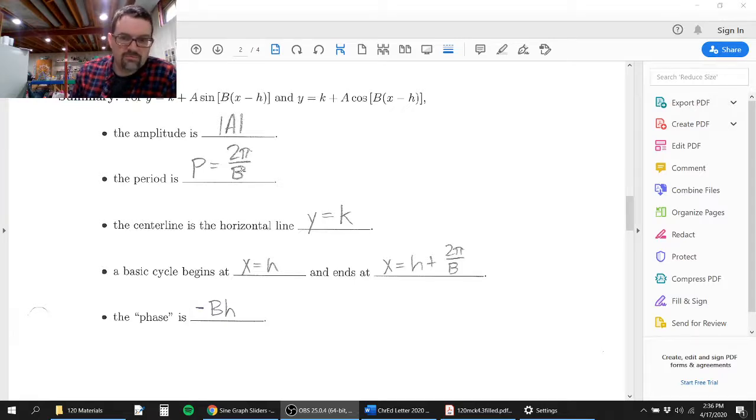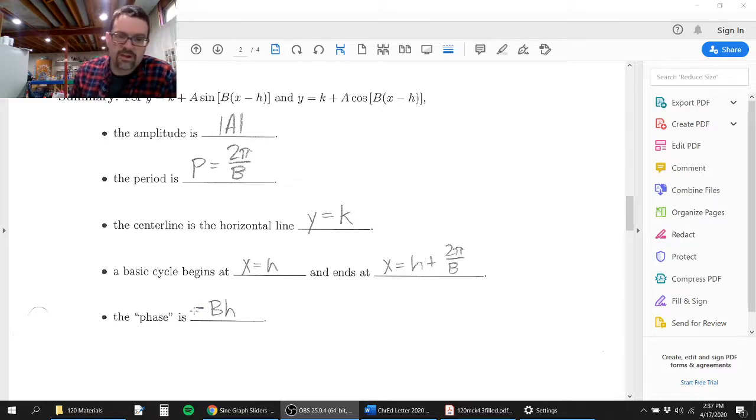Period, 2 pi divided by B. Center line at y equals k. Our one cycle that we're graphing starts at x equals h and ends at x equals h plus the period. So this is 2 pi over b because this is 2 pi over b. So this, whatever this turns out to be, gets copied right into that slot. And you may have to simplify things.